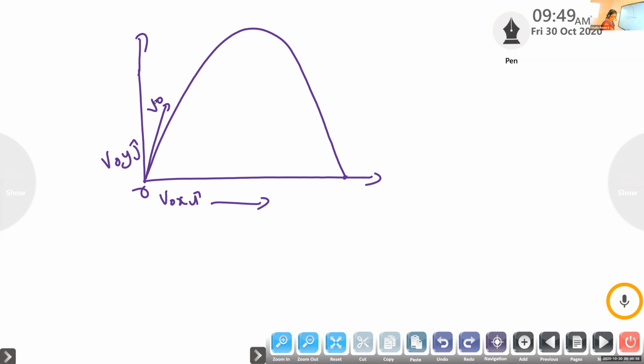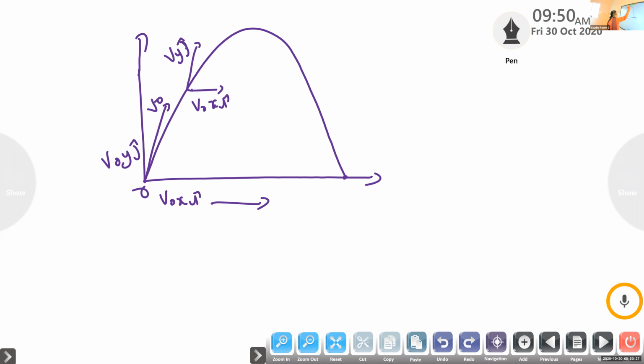Okay. I hope you are drawing it. Then after the initial velocity, slowly the x component is v0 xi and the y component is vyj, because the initial velocity changes into further varying velocity. So we are using vy, not v0 there.